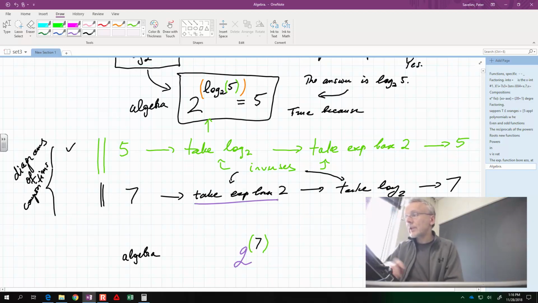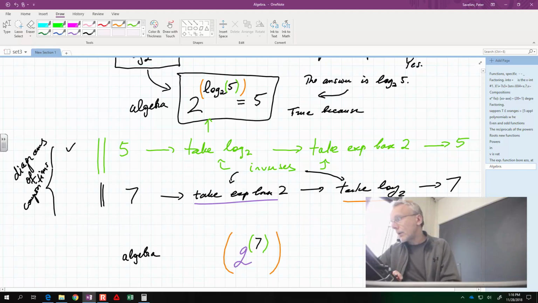Starting with 7, I take exponent base 2 of it, so 7 is the input of that function. That's the first stage. The second stage is that what we're looking at is now the input of the next function, and so we just write it out. Once again, we're unfortunately moving from right to left: log base 2. And the answer is 7.